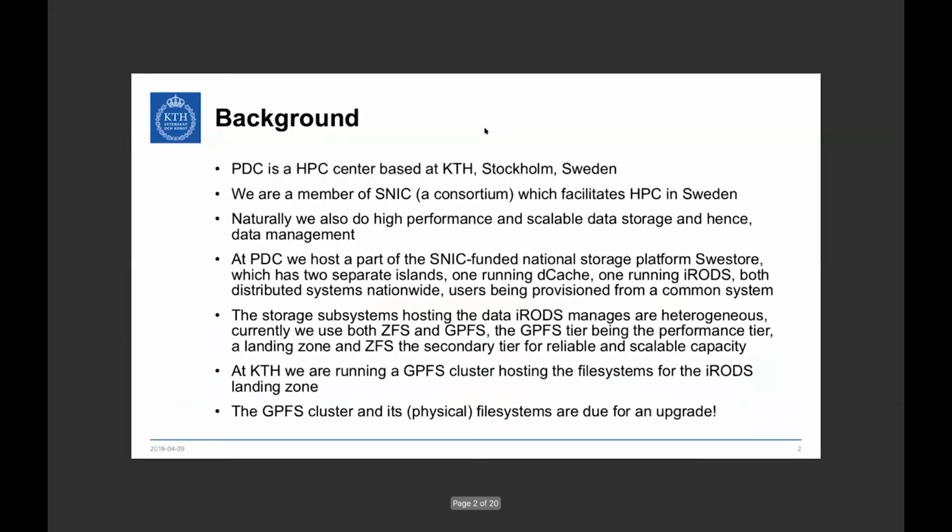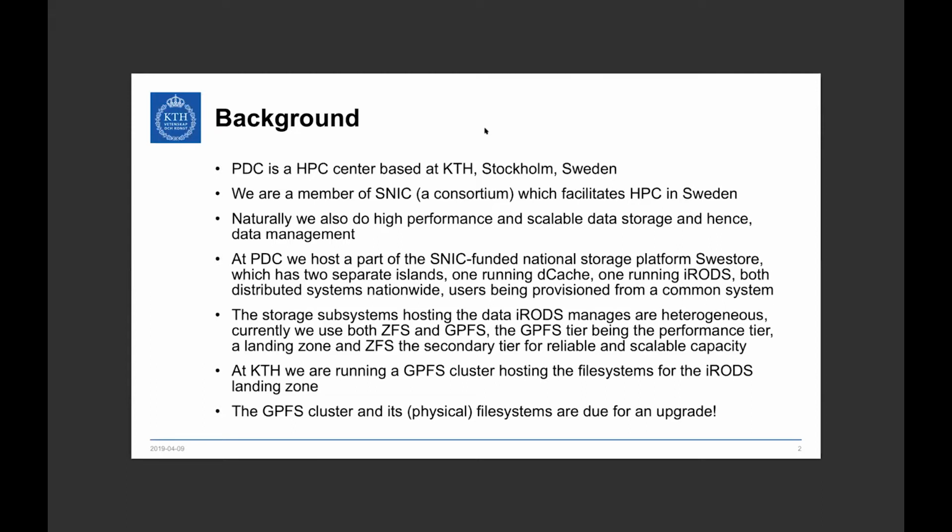To give you just a quick background on the subject, I'm basically working at the HPC Center of KTH, and KTH is a technical university in Stockholm, Sweden. We are a member of a consortium called SNCC, which is also a member of the iRODS consortium.